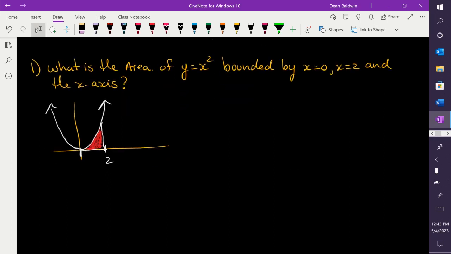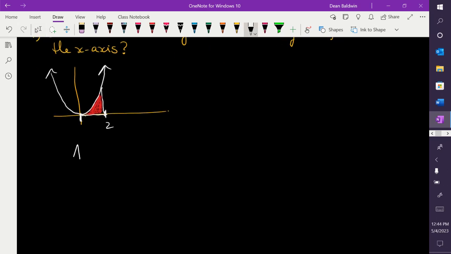I suggest using the right endpoint. It's a little more straightforward. But here we go. The area is equal to, whoops, I forgot the first thing, the limit, of the sum from i equals 1 to n of.